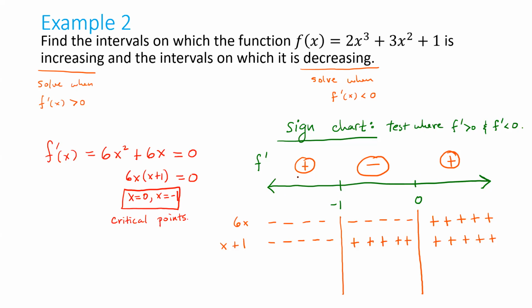That here f prime will be positive on the intervals here from -infinity to -1. And it'll also be positive over here on the interval from 0 to infinity. Whereas here in the interval from -1 to 0, it's negative. Okay, so you can visualize here that our function is increasing over here, decreasing here, and then it's increasing here.